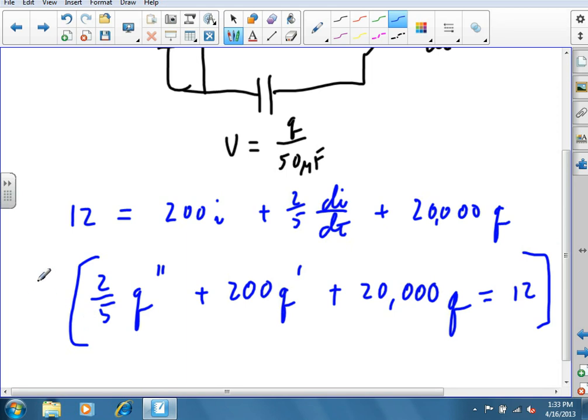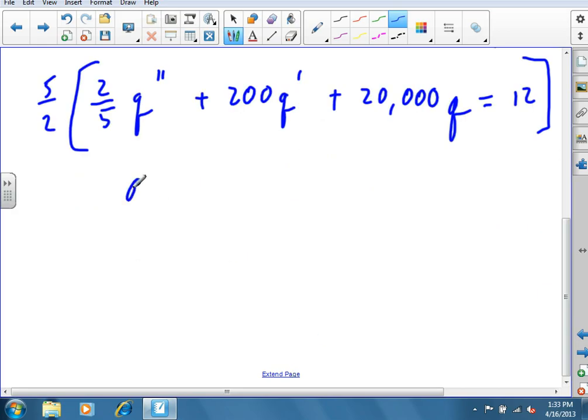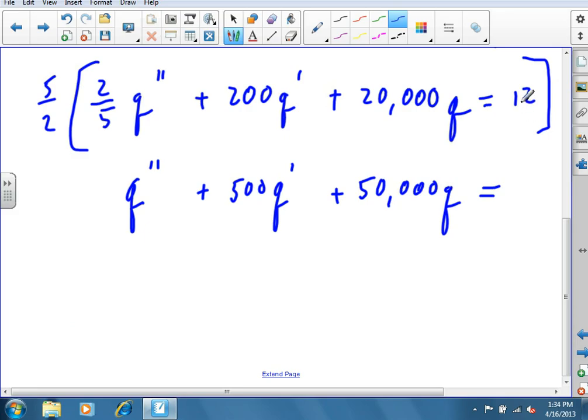We wouldn't necessarily have to, but I'm going to multiply by 5 over 2 anyway to put the equation as Q double prime plus 500 Q prime plus 50,000 Q is equal to 30.